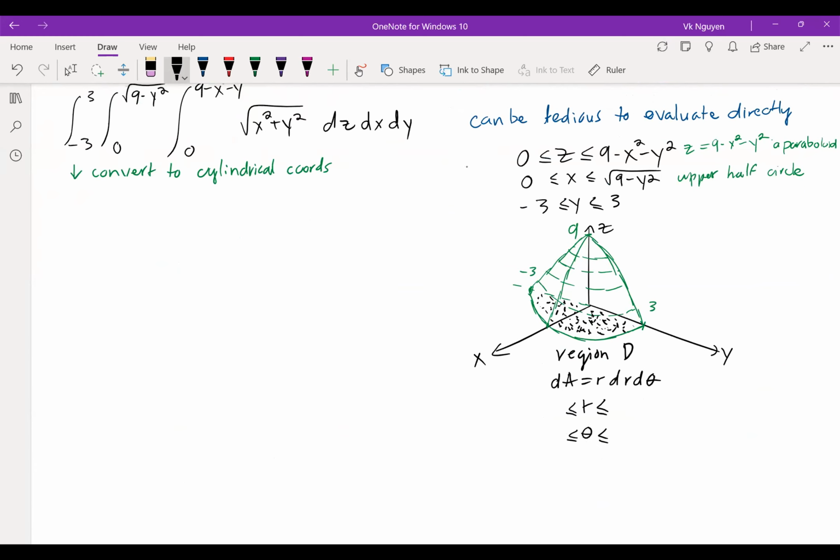Radius, that is just part of a circle, so the radius has to go from 0 to 3. Anybody can tell me where the angle goes from? The angle theta. Quadrants 4 and 1, so from negative pi over 2 to pi over 2.